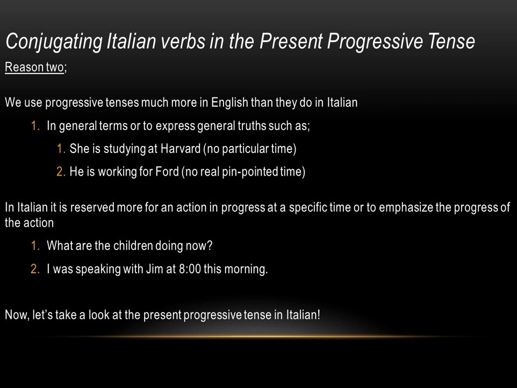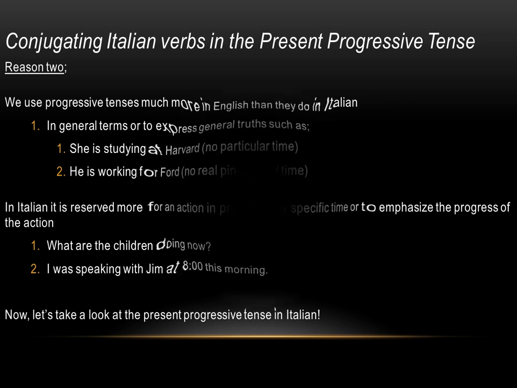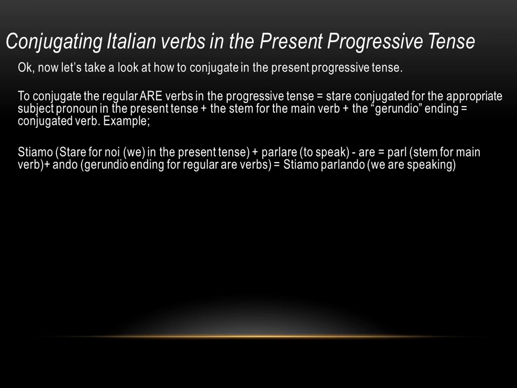Now let's take a look at the present progressive tense in Italian. To conjugate the regular are verb in the progressive tense, all it is, is stare conjugated for the appropriate subject pronoun in the present tense, sto, stai, sta, etc., plus the stem of the main verb, plus the gerundio ending, equals the conjugated verb.